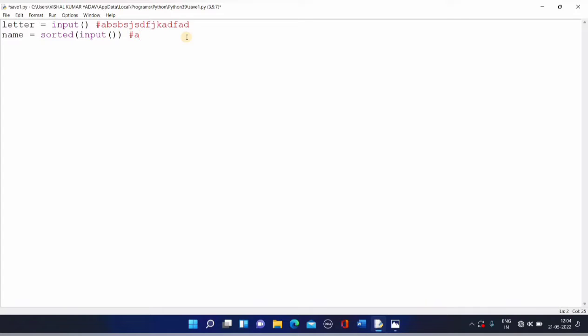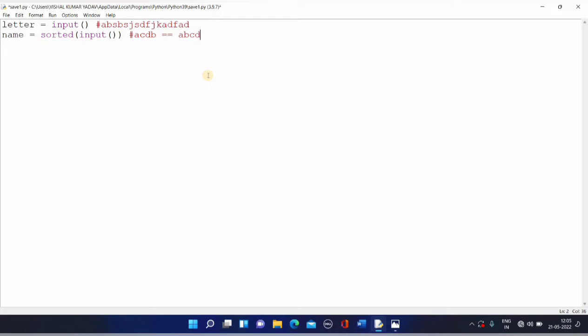Suppose the user had not given us ABCD, but ACDB. Using this sorted function, I'm converting this name ACDB into ABCD.